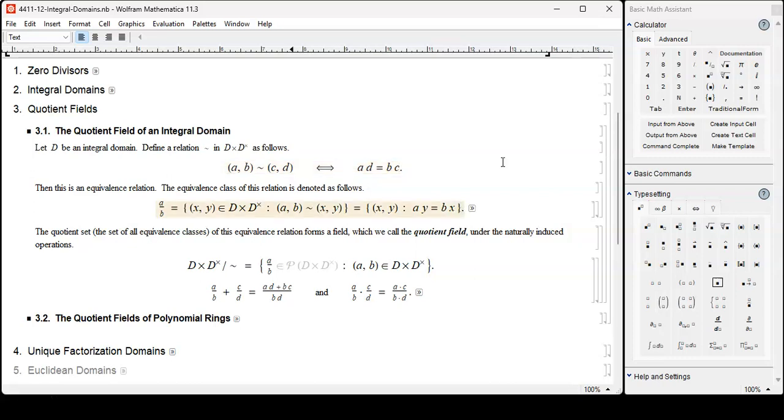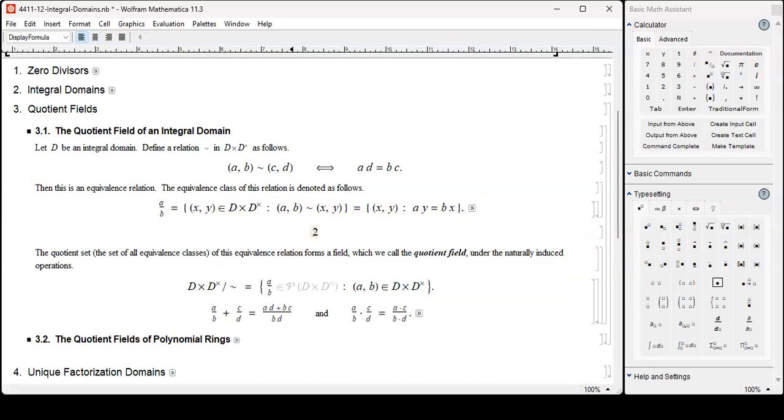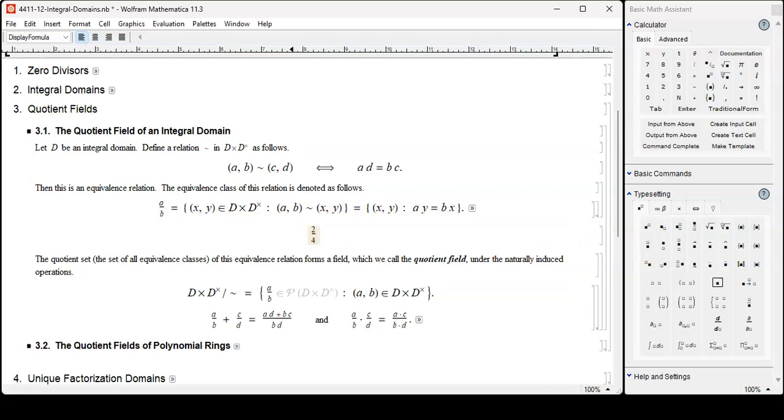So AY is equal to BX. And then we name it as a over b. In the case of integers, 2 over 4 is the same as 4 over 8, and that's the same as 12 over 24, and that's the same as negative 8 over negative 16, and so on and so forth.